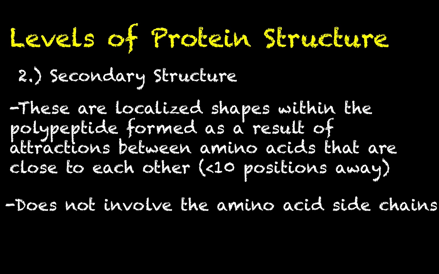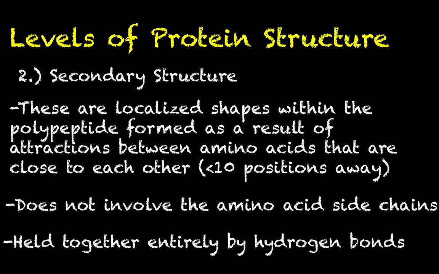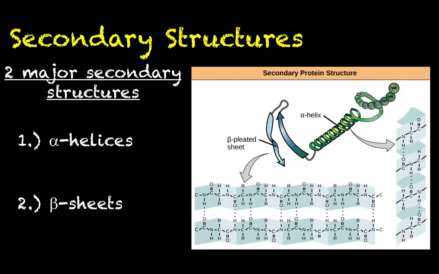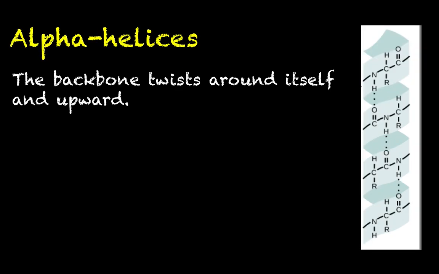These secondary structure interactions will not involve the amino acid side chains, so secondary structure interactions are always going to happen between atoms that are in the backbone rather than in the side chains. And secondary structures are held almost entirely together by hydrogen bonding, which we have obviously talked about before. To that point, there are two major secondary structures that are very commonly found in a lot of fully folded proteins: alpha helices and beta sheets.